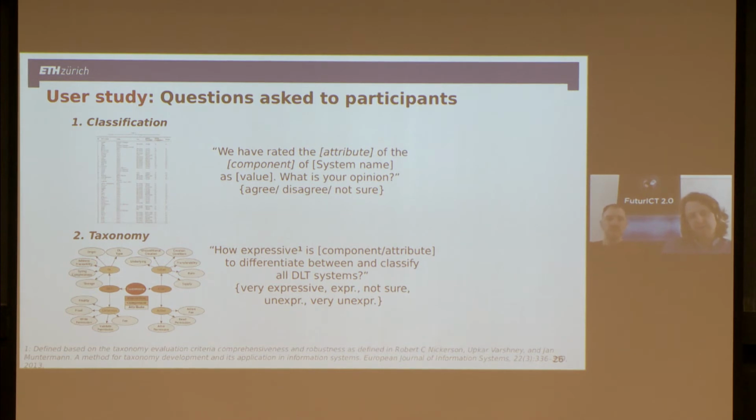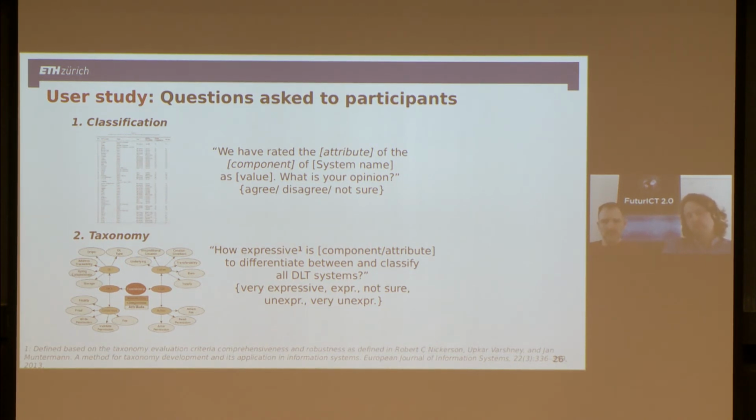And in the second step, they had to evaluate how expressive the taxonomy actually is to differentiate between and classify all DLT systems. And this expressiveness criterion was constructed based on the comprehensiveness and robustness criteria as defined in the paper of Nickerson. So the main motivation is actually, can we use the taxonomy to classify all the systems which are out there?